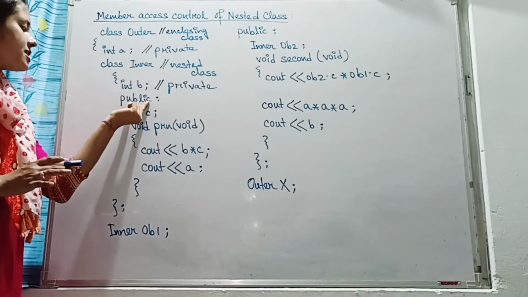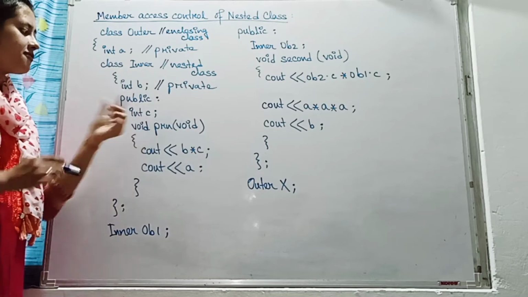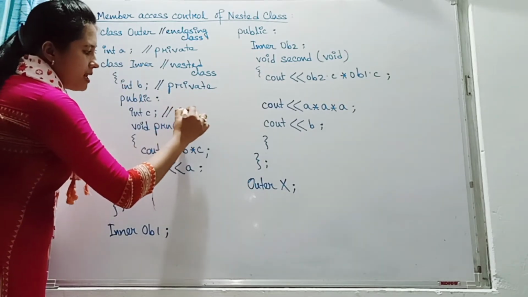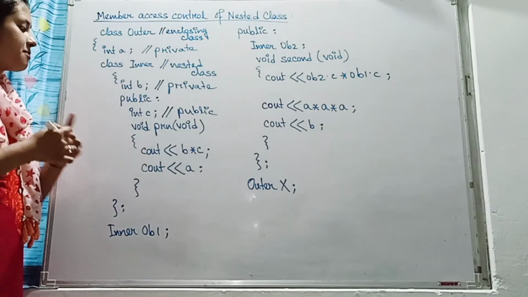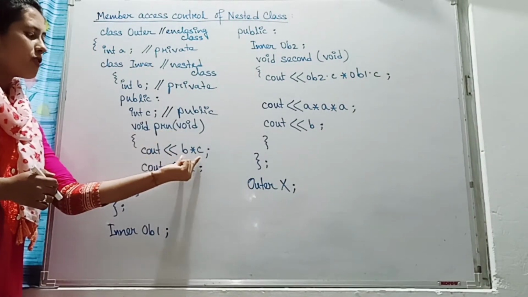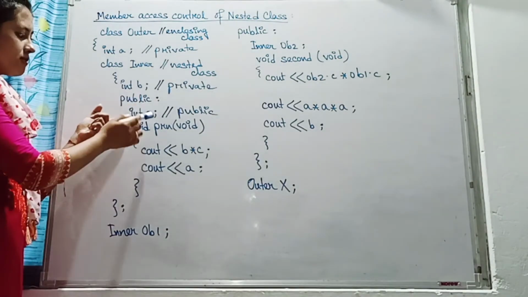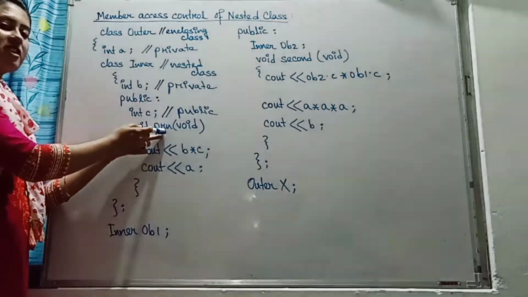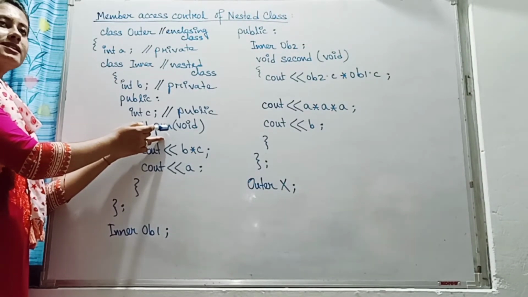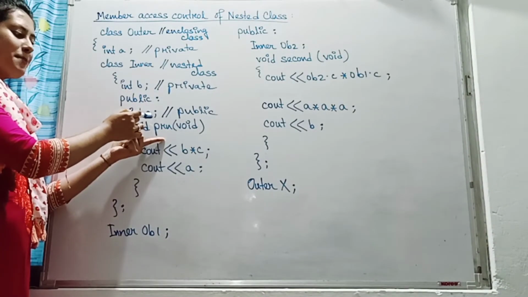Okay. Now under the public section of the inner, we have defined this C. So C is public, and this is the member function that we have defined under the public section, PRN, cout B into C. Since it is a member function of the inner class, a member function can automatically access the private and the public members.